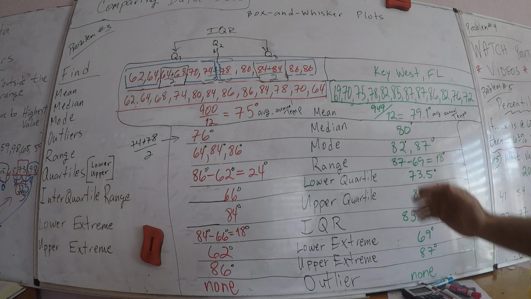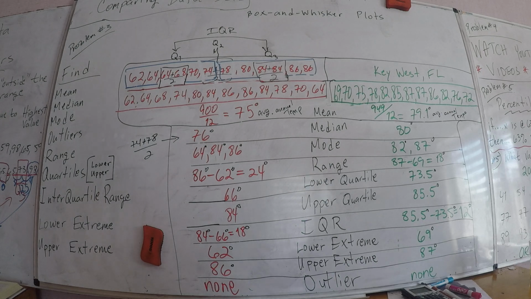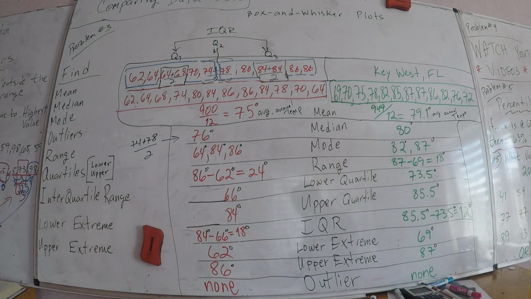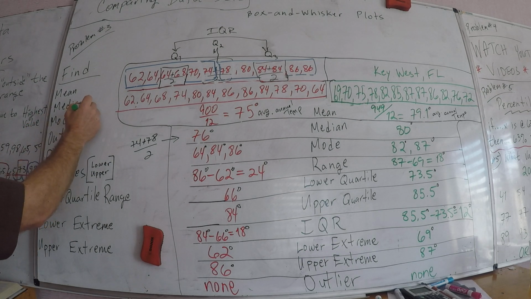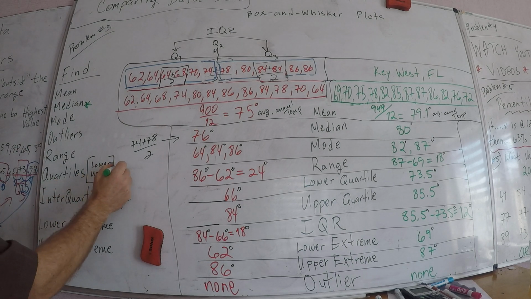Now, we also make a box and whisker plot, okay? And here's a box and whisker plot. We've got data. We're going to do it for Key West. The box and whisker plot uses the median. It uses the quartiles.